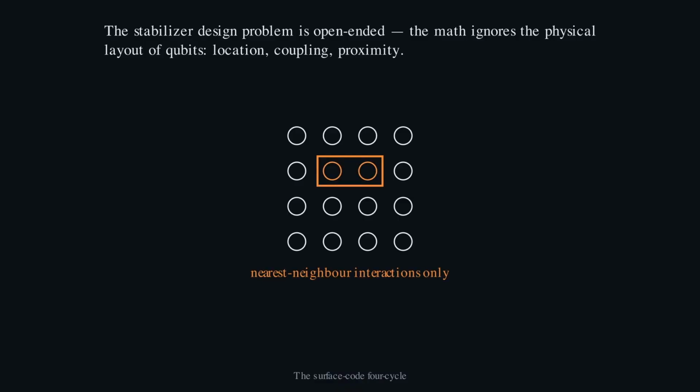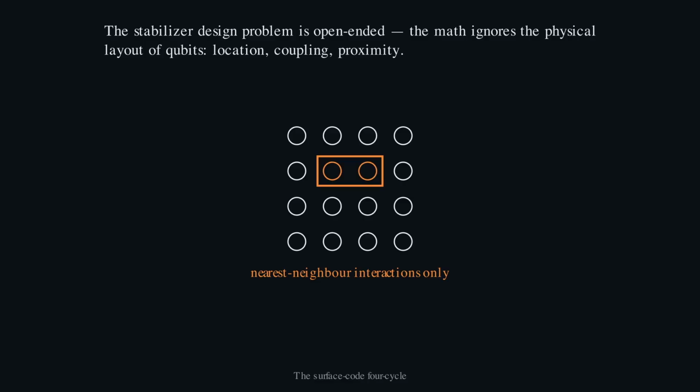It upholds nearest neighbor interaction only. So those are two really practical engineering problems. It's hard to get qubits that are far from each other to interact, and obviously engineers like modularity. So the surface code hits both of those. It addresses those in some meaningful way. And so for that reason, it's very useful.